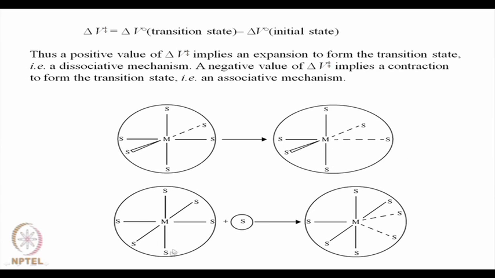Here the initial volume is this plus this, so the total initial volume is more compared to this. So, just by looking at delta V activation, we can predict whether this solvent exchange is dissociative or associative.